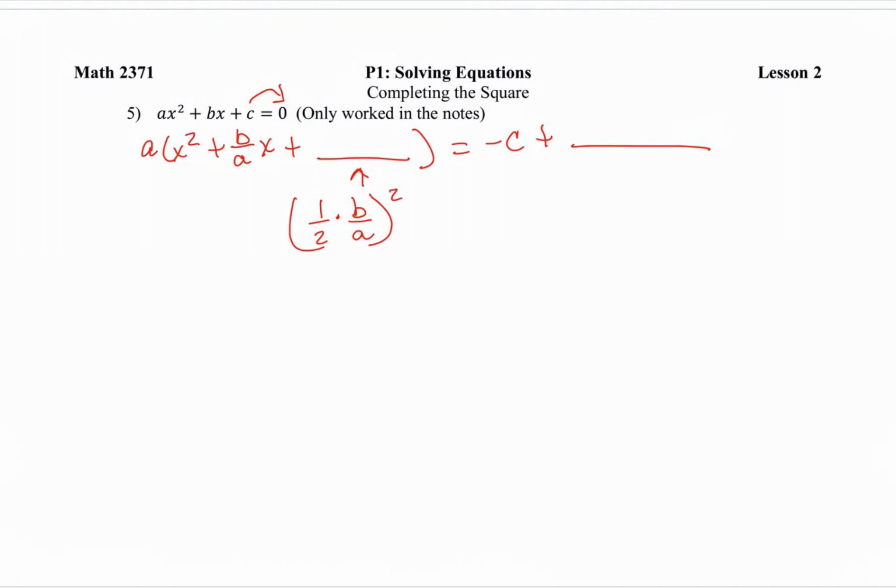Then what I've actually added to the whole thing is a times 1/2 times b over a squared. So what goes over here is going to be a times b over 2a squared.